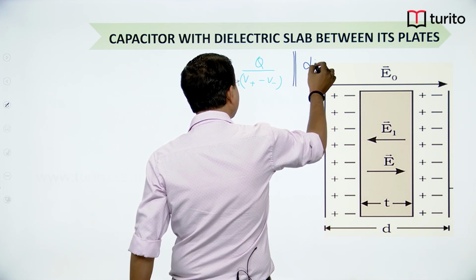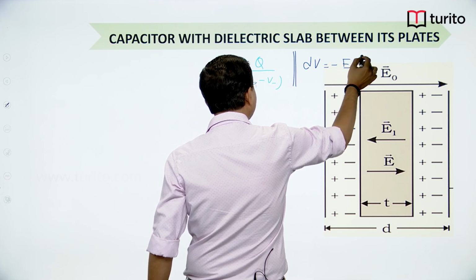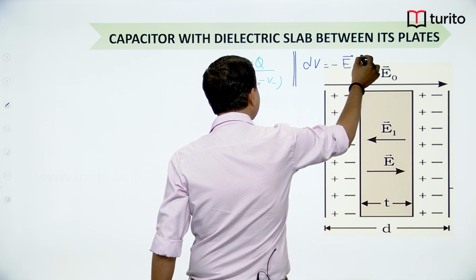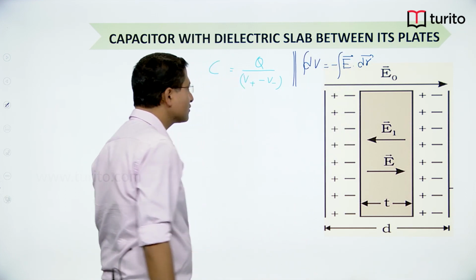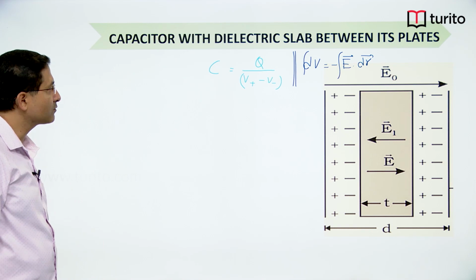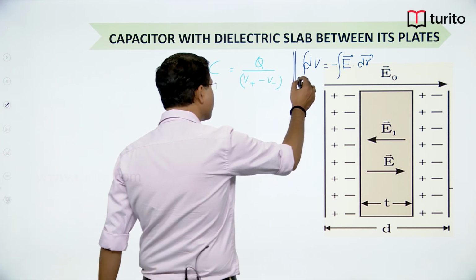So we know this formula, dV is equal to minus E dot dr, right. This formula I can use to calculate the potential difference.